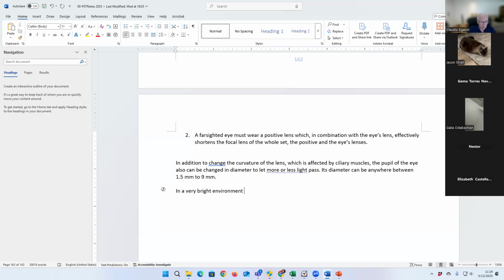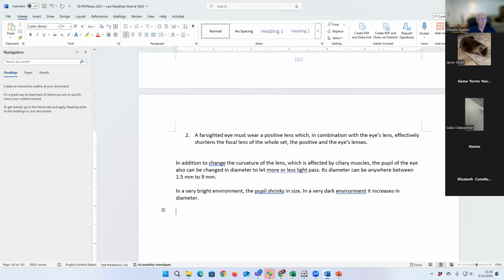In a very bright environment, the pupil shrinks in size. In a very dark environment, it increases in diameter.